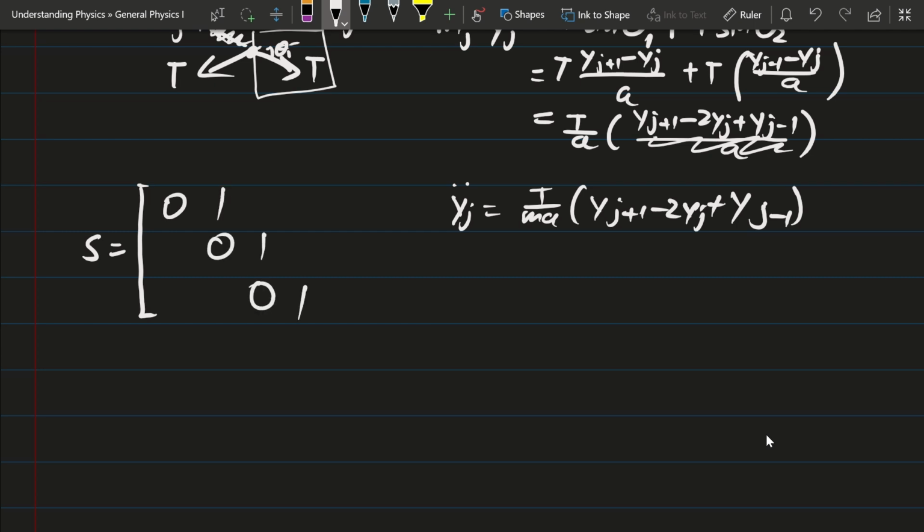What this does is that it displaces our vector.